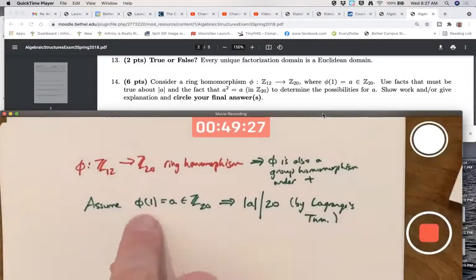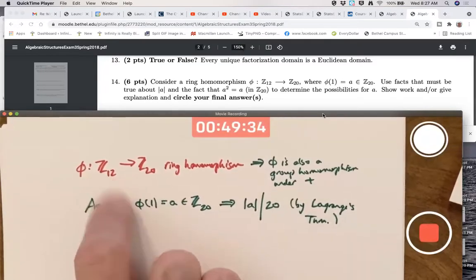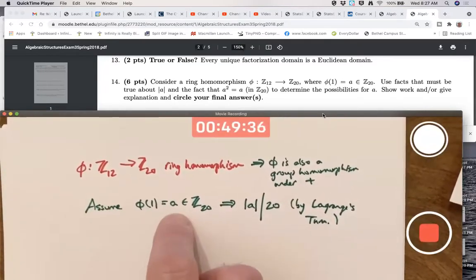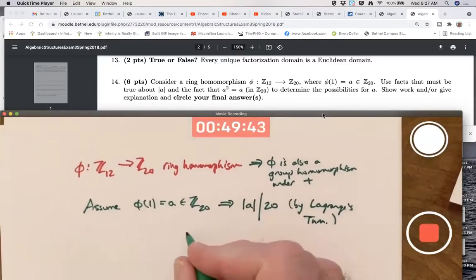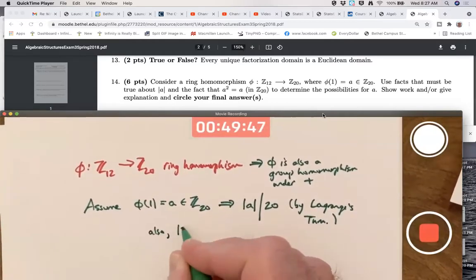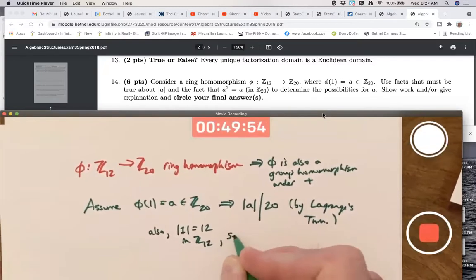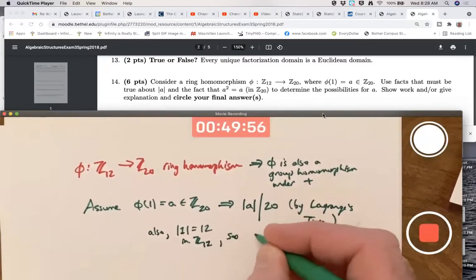The input here is 1. Its order is 12 in Z12. The order of the output has got to divide 12 as well then. Also, the order of 1 is 12 in Z12, so the order of its image, which we're calling A, must also divide 12.